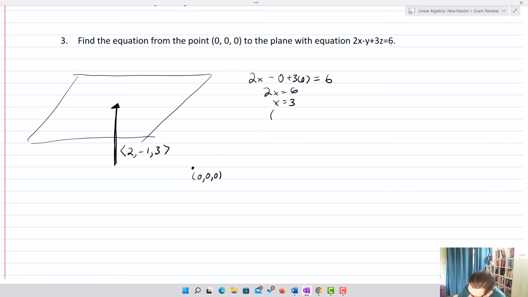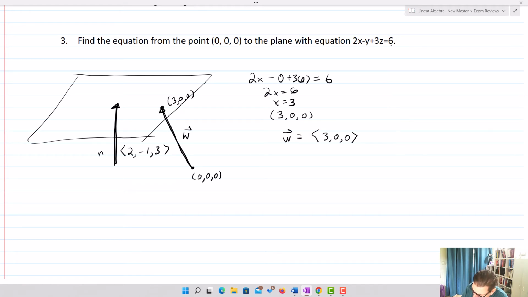That gives us the point 3, 0, 0, which I'm going to imagine is on the plane. I'm going to draw a vector from 0, 0, 0 to 3, 0, 0. That vector we'll call W, so W is just 3, 0, 0.